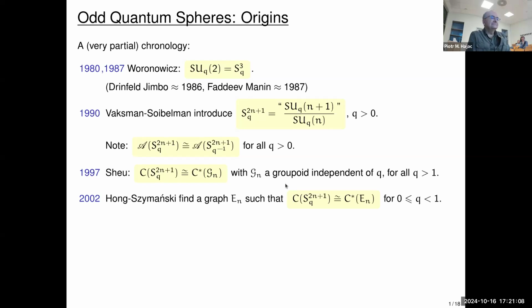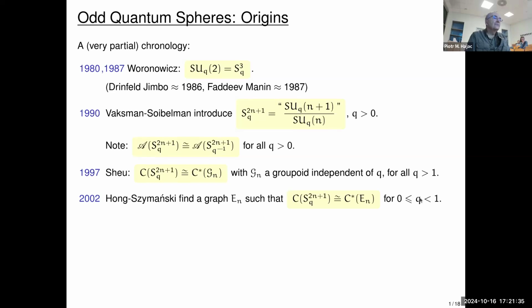Okay, so the next contribution was by Young and Szymański in 2002. They construct a graph, again depending on the dimension, but not on Q, such that this sister algebra, that now we know doesn't depend on Q, is isomorphic to the graph sister algebra of this graph that I put here. This is not the original notation, but I use it because the original notation was a capital L, but for me L is L bar, so I changed the letter.